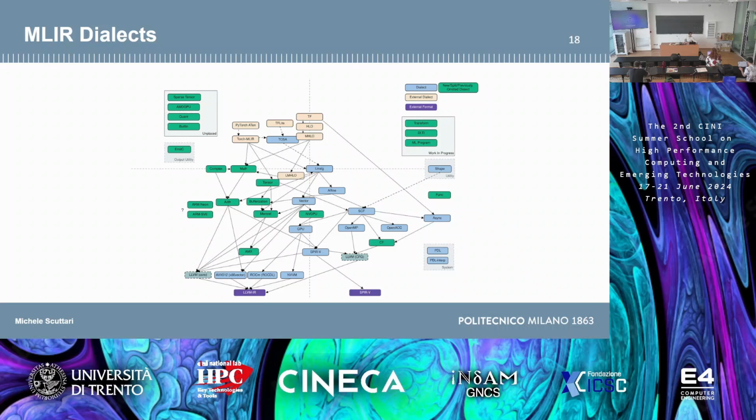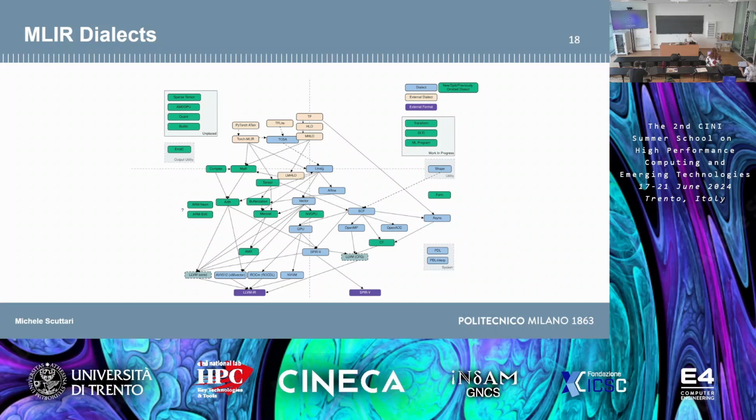LLVM-IR is included inside MLIR as a particular dialect, the equivalent of a backend dialect for MLIR. There is also SPIR, for compiling for GPUs, as an alternative output dialect.